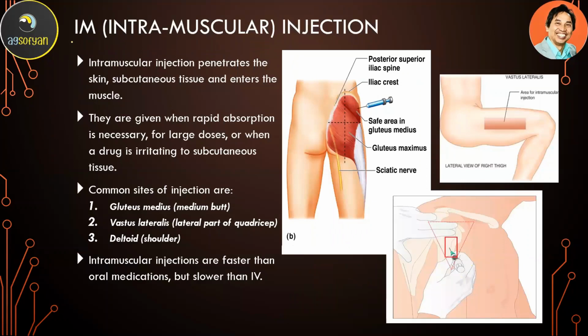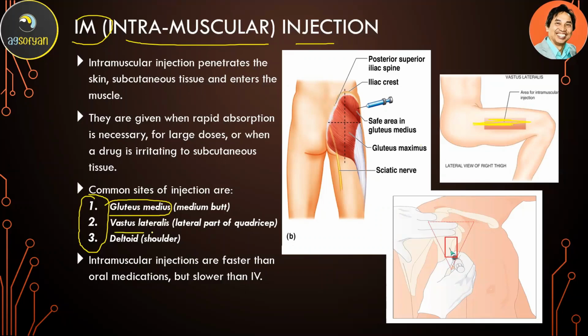Okay, the last one is the IM, intramuscular injection. In general, there are three muscles that are used as sites for injection. I'm sorry, the first one is the gluteus medius. It's part of the gluteal muscles over here, the buttock muscle.